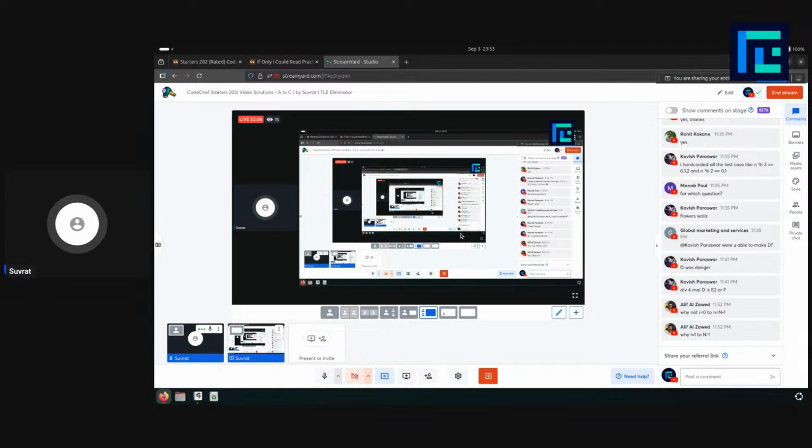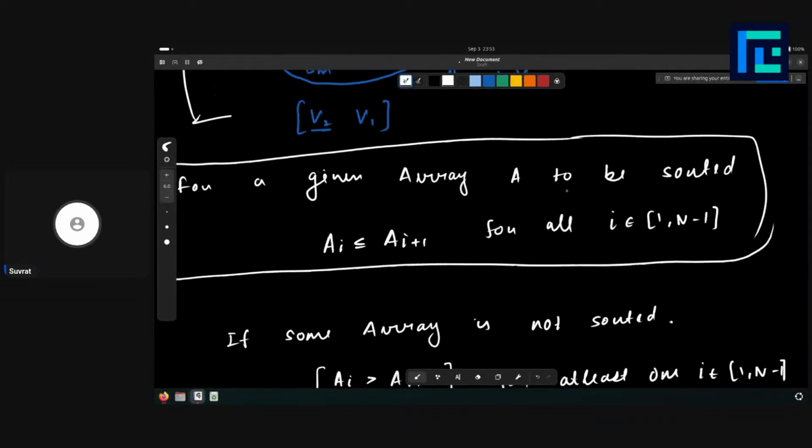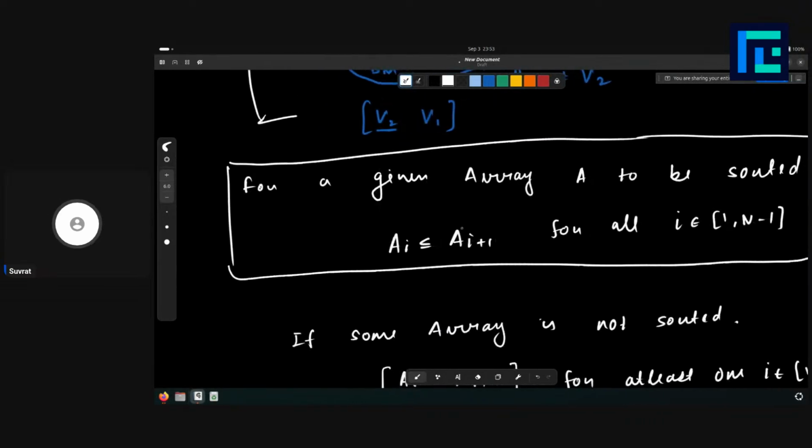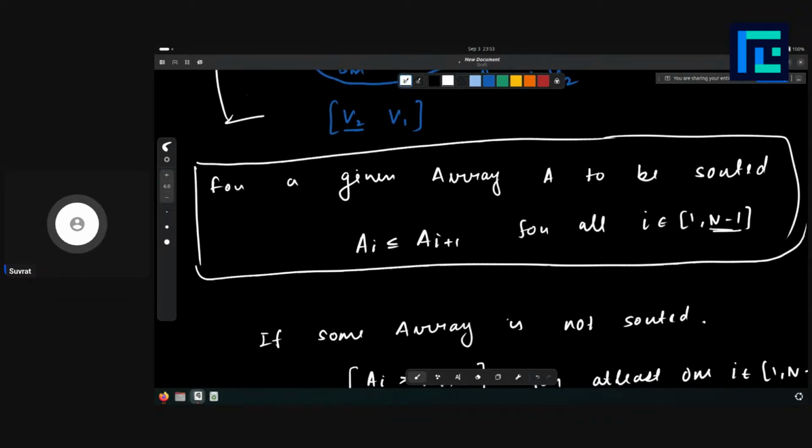So if you guys have any doubts, you can ask. Why not i equal to 0 to n minus 1? Basically, I was taking one based indexing. So in one based indexing, I need to take from 1 to n minus 1.